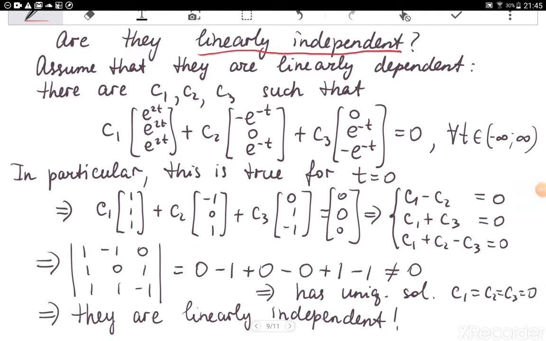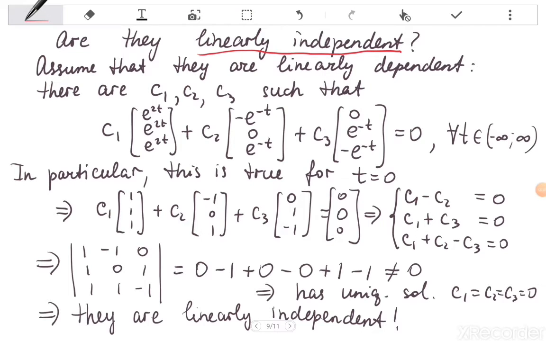As you can notice from the previous example, to answer the question whether some set of vector functions is linearly independent, we looked at this particular determinant. What is this determinant?